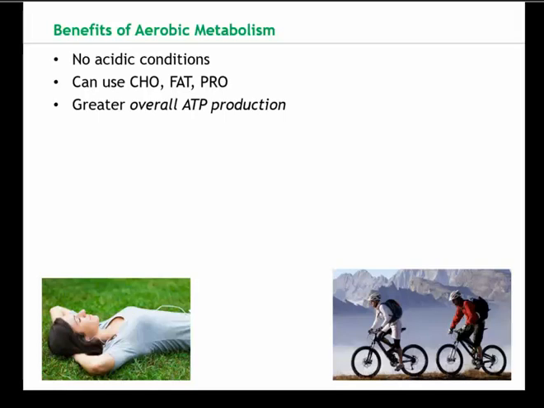All right, so let's get started with the benefits of aerobic metabolism. This slide is saying if fuel is metabolized aerobically, and fuel meaning carbs, proteins, and fats, what are the advantages of this? First, there are no acidic conditions.